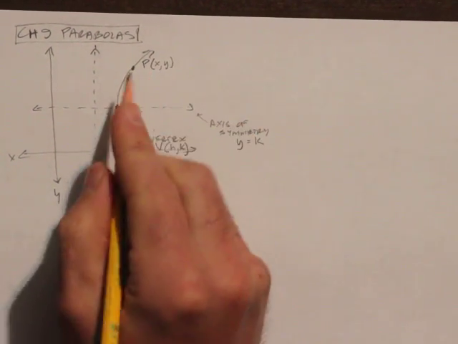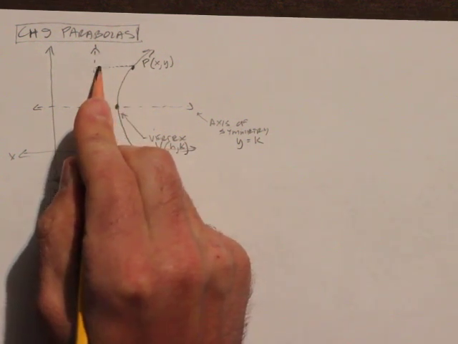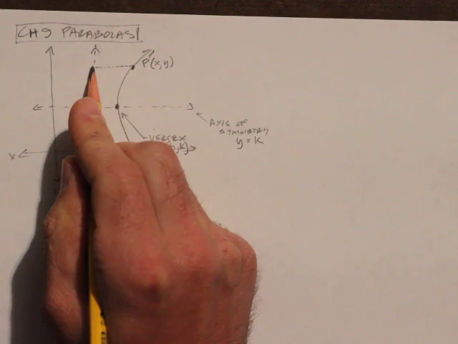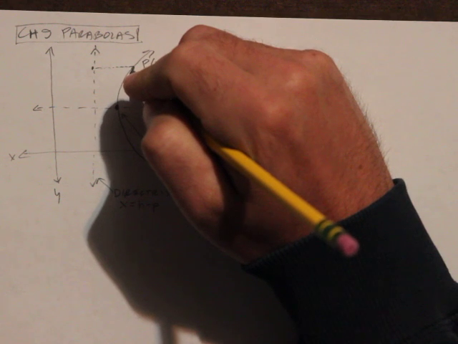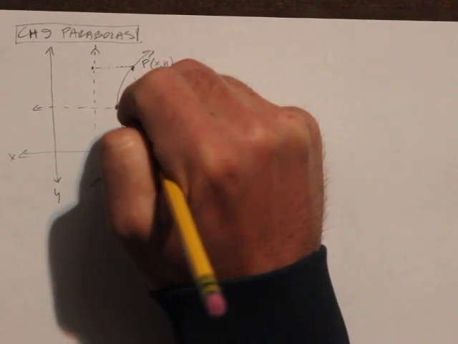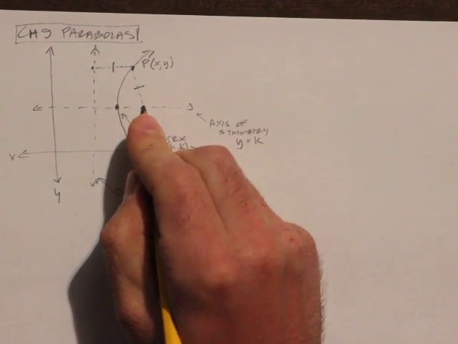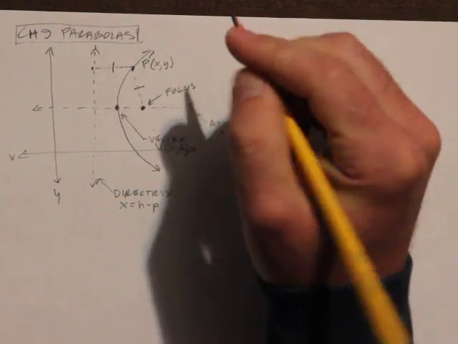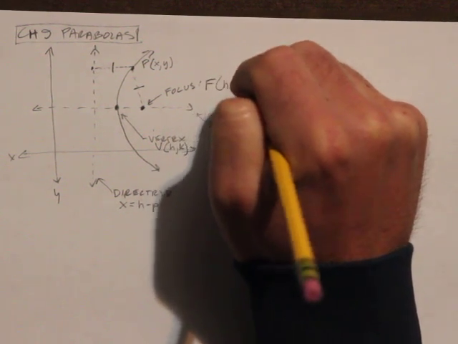The special thing about this P is that if I draw a line segment horizontal to the x-axis straight back to this point, and then draw this same length of line down to my axis of symmetry, so that this line is the same distance as this line, this point right here is called my focus. The focus is capital F, (h plus p, k).